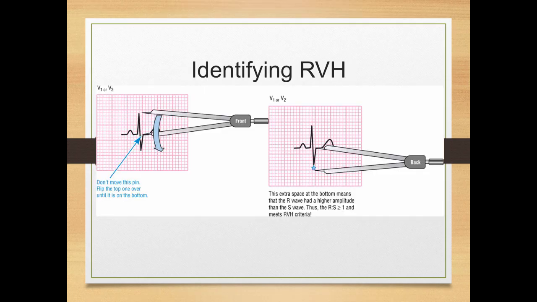You're saying, I've got this biphasic, weird looking complex in V1, V2. How do I tell if it's more positive or more negative? Well, get those calipers out because you went out and bought them. Measure the positivity, flip it over, and compare it to the negativity. Is it more positive than it is negative? Yes or no? Use your calipers, please.